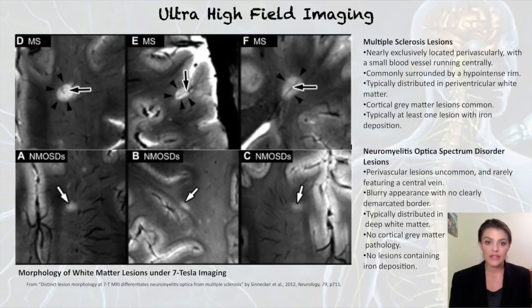By leveraging the different magnetic properties of pathological MS processes, quantitative susceptibility mapping has provided further insight. Lesions containing iron deposition were identified in 90% of MS patients, whereas this feature was absent in neuromyelitis optica.